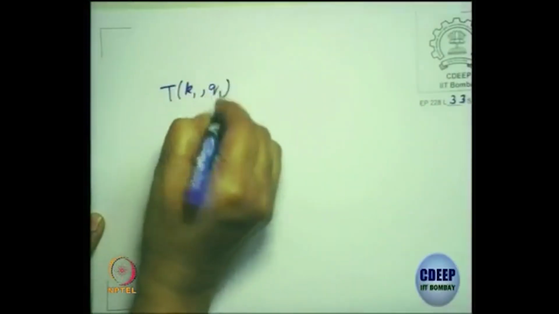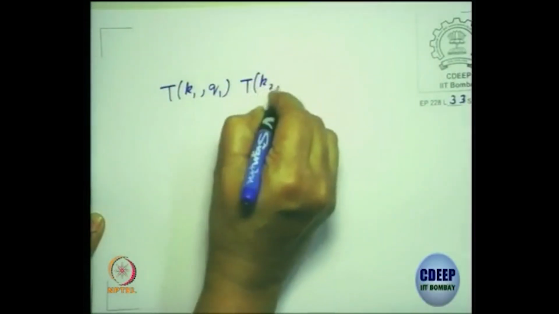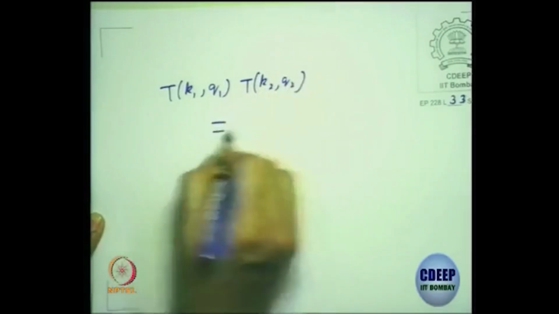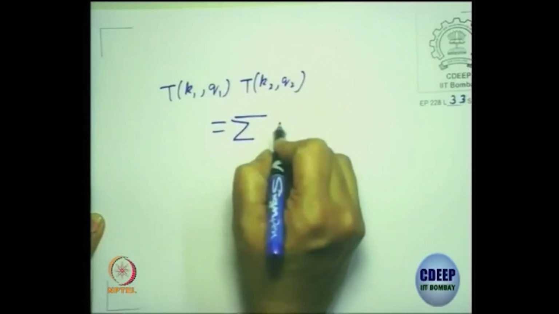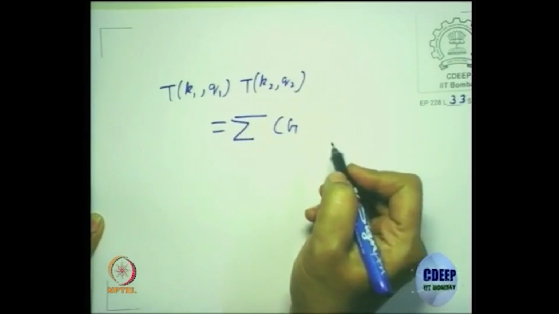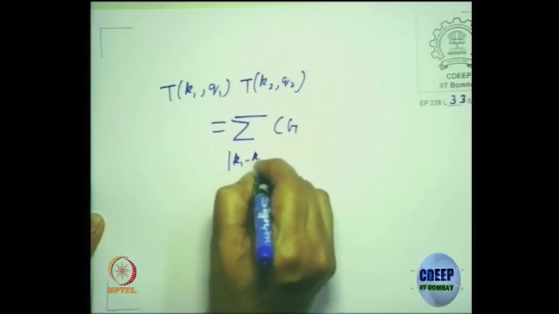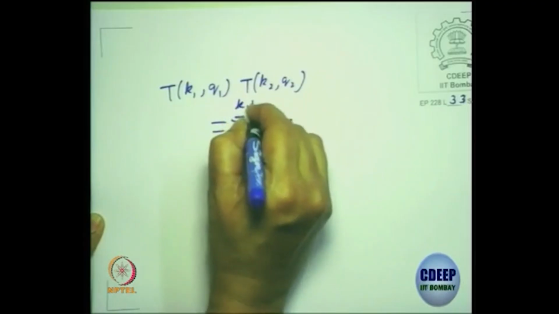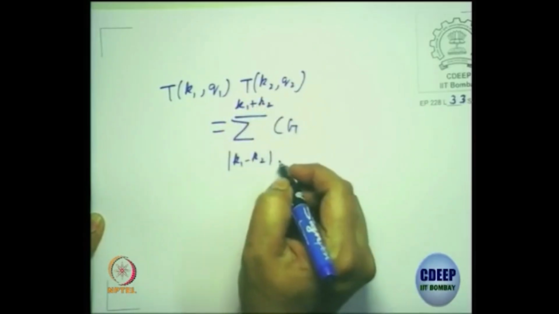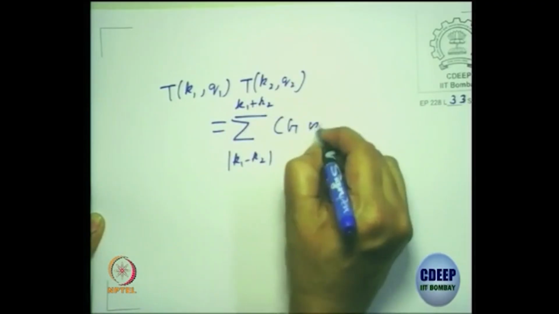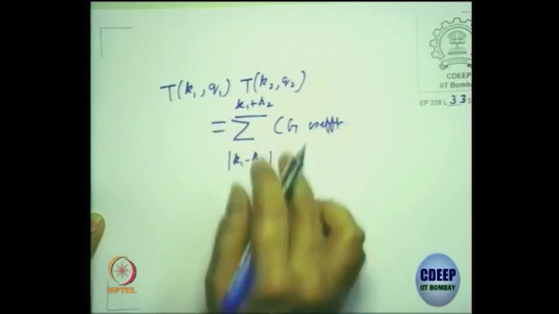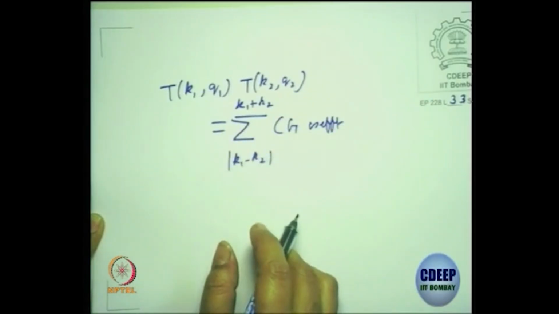What I am trying to say is, if you take K1 Q1 and K2 Q2, you can write it in terms of the CG coefficients, with K going from mod K1 minus K2 to K1 plus K2. I can write that also explicitly, but you understand what I mean.